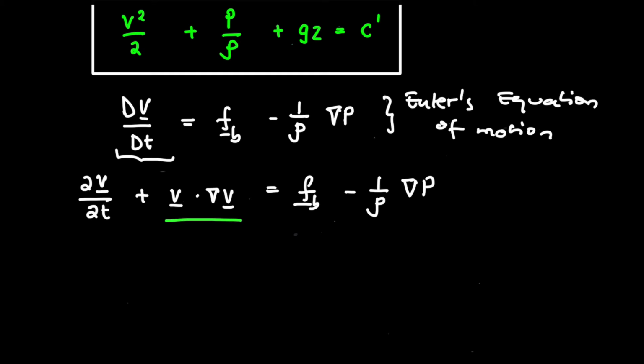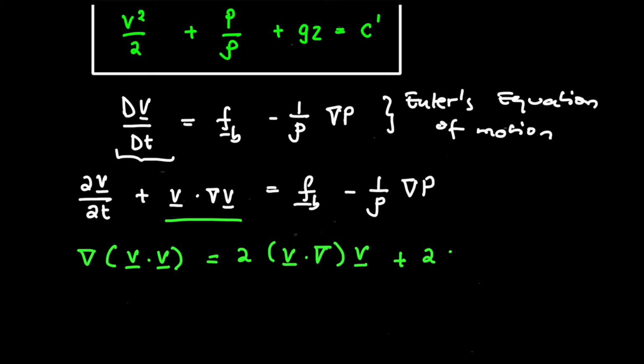And it is these identities that are going to assist us to express this portion of the equation in another form. So the identity that we're going to use is the del of v dot v. This is the dot product, guys. You are used to that. V dot del v over here, I transform this equation I'm writing. You are seeing which part we are going to make the subject of the formula. So v cross del cross v over here. Okay.